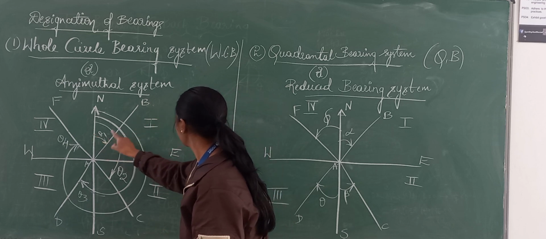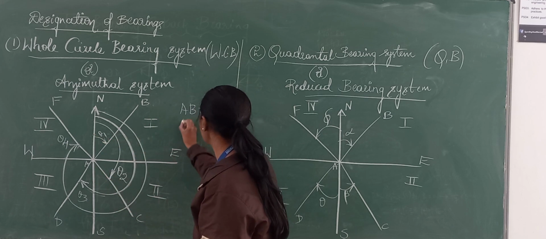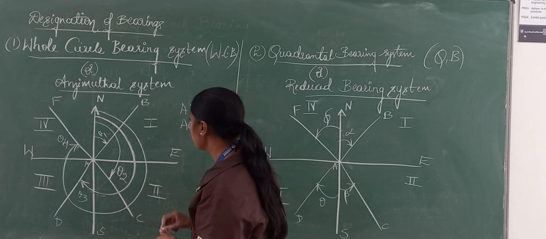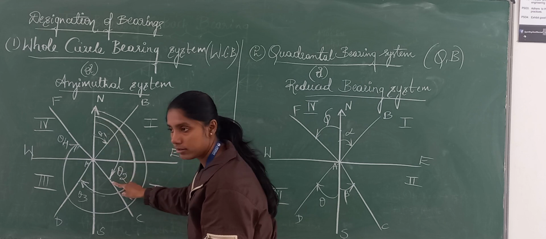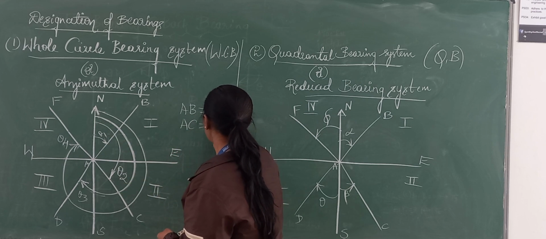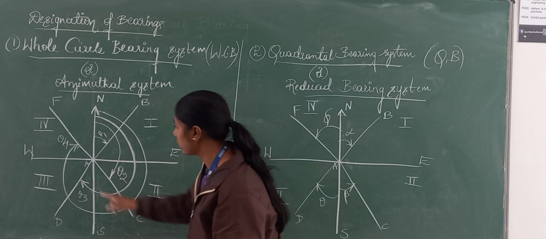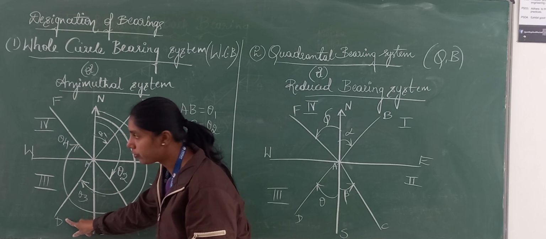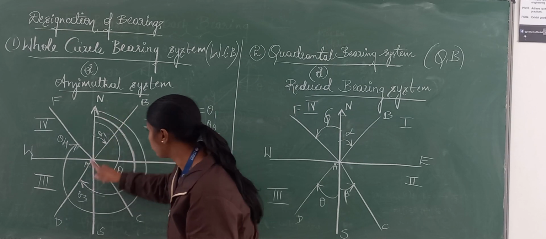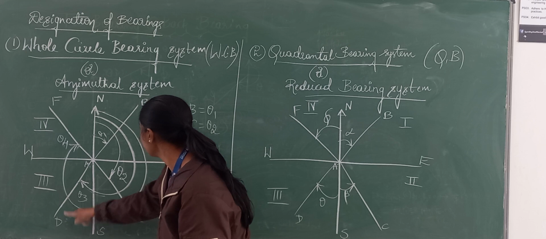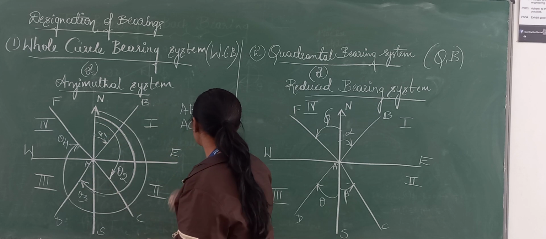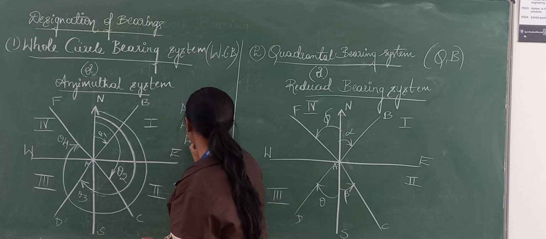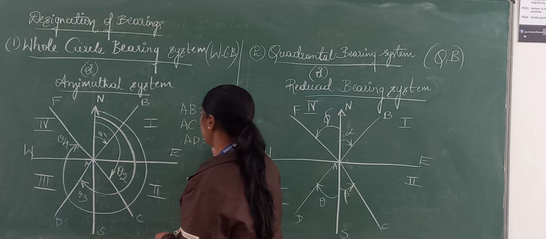The bearing of the line AC is theta 2, from magnetic north towards the line. The bearing of the line AD, from magnetic north towards the line AD, is theta 3.